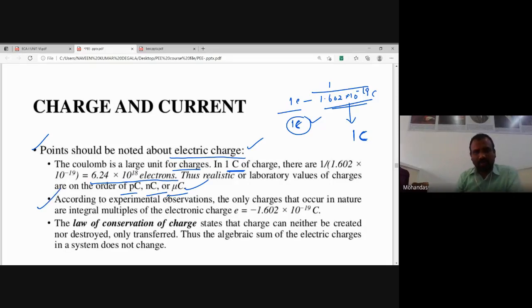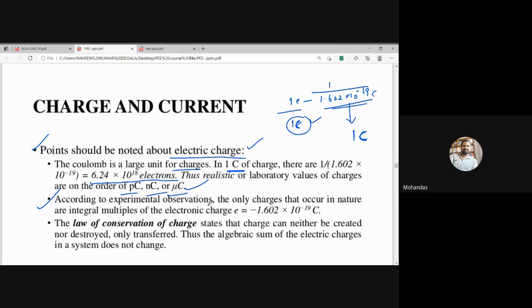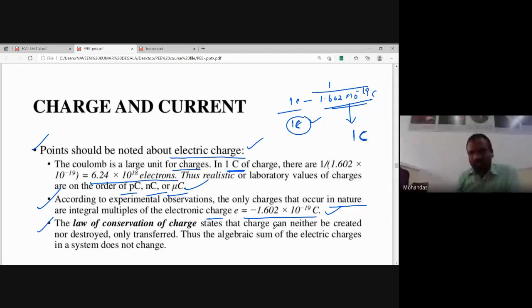Another point should be noted: according to experimental observations, charges occur in nature. Now another point is the law of conservation of charge, which states that charge can neither be created nor be destroyed.